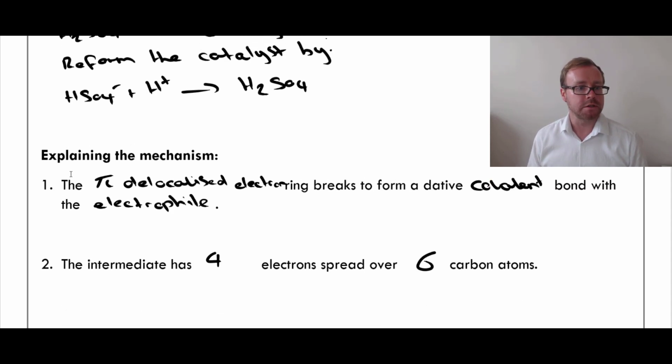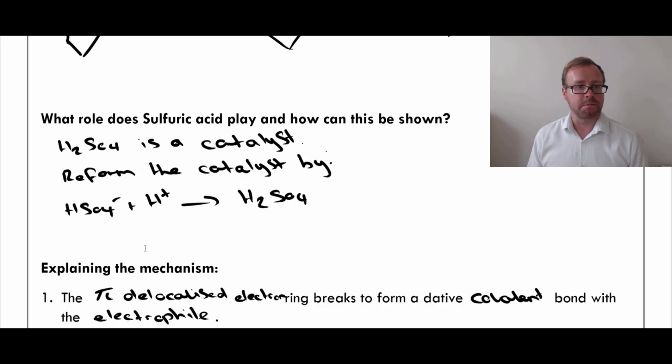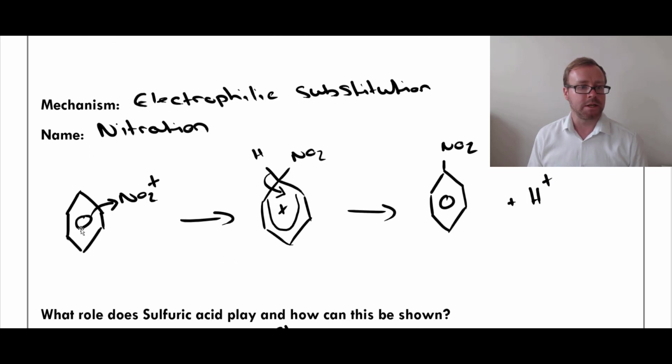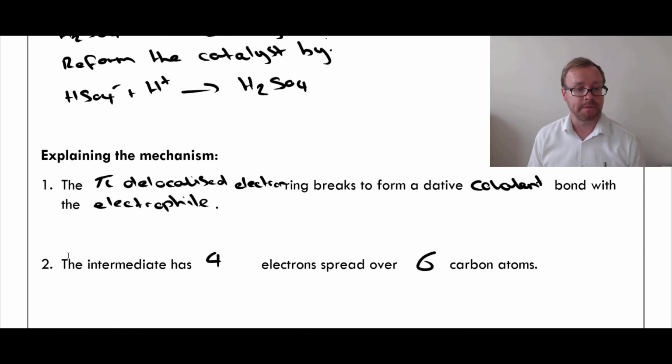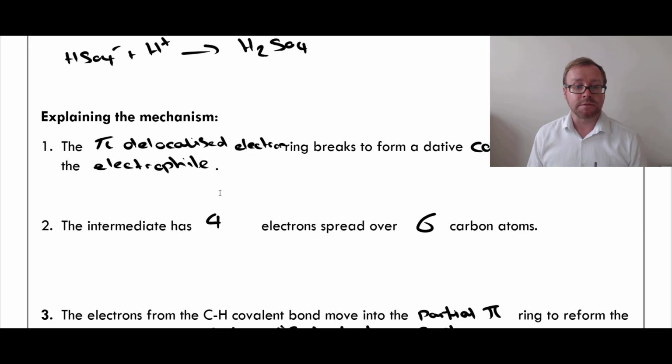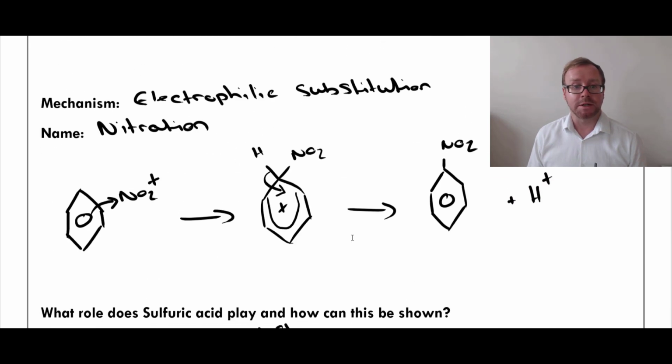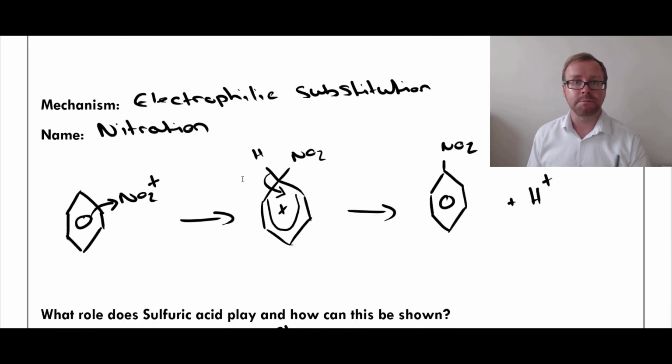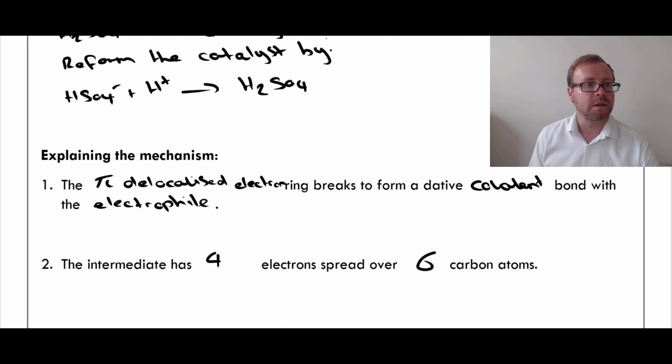So step 1, the pi delocalized electron ring breaks to form a dative covalent bond with the electrophile. We can see this happening here. Remember, there's 6 delocalized electrons in this ring, yeah? So we formed a dative covalent bond here. The intermediate has 4 electrons spread over 6 carbon atoms. So here, this is important. You have to make sure, over 5 carbon atoms.